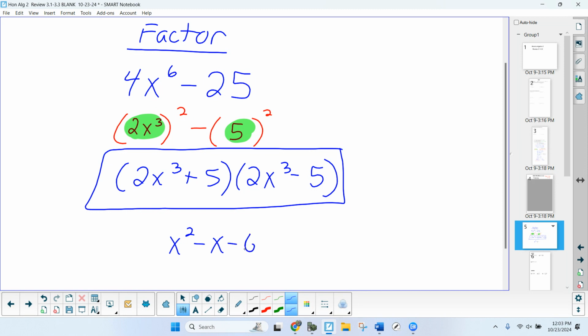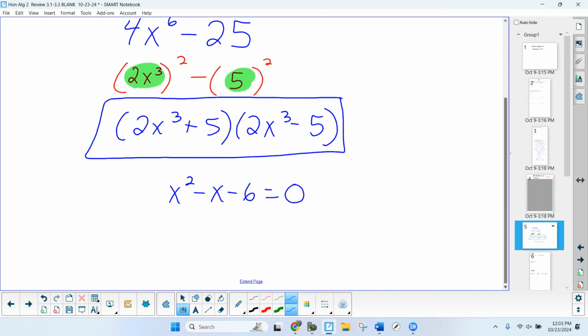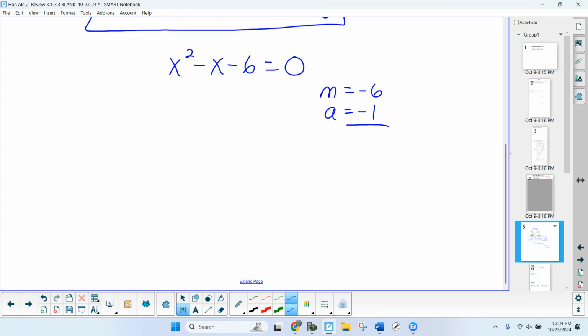The difference of factor versus solve by factoring. If I say solve by factoring, you have a trinomial. A is 1. What multiplies to give you negative 6 that adds together to give you negative 1? Negative 3 and 2. So it factors into this. But it didn't just say factor.